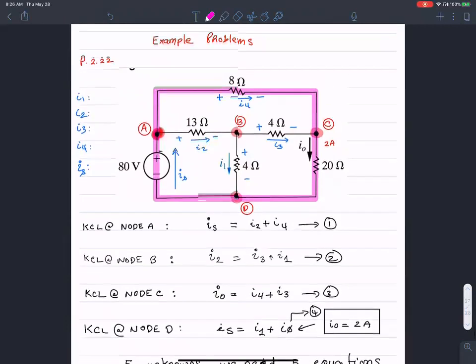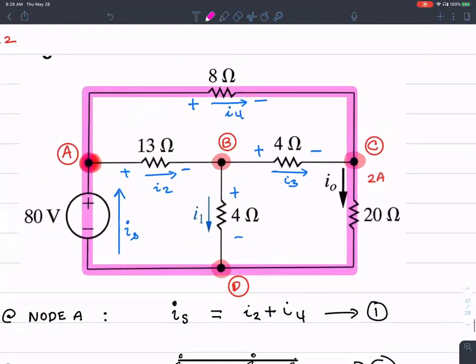If you think about it, KVL deals with voltages, right? You're adding up voltages along a particular loop.